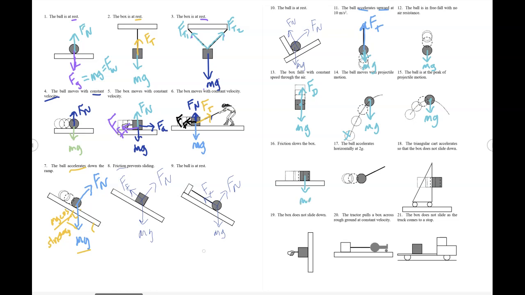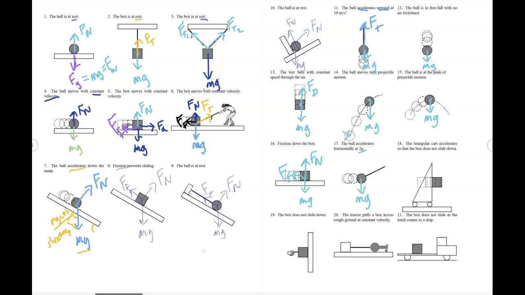Friction slows the box, mg. Friction opposing sliding, and we have our weight force. The normal force. The ball accelerates horizontally at 2 times g. 2g, measure of acceleration. Your weight force.